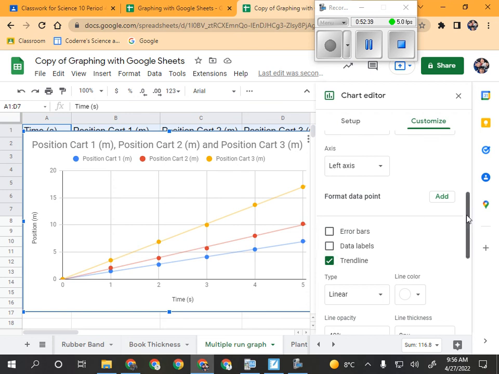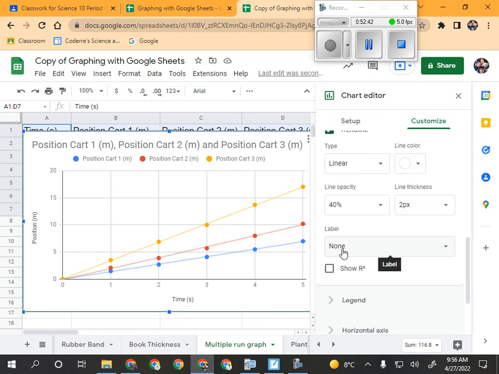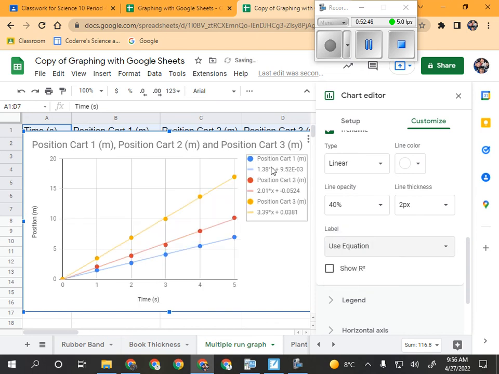Then I scroll down to label and get the equation, same as before. Now it makes a legend on the right that has position of cart 1, and gives you y equals mx plus b for cart 1, cart 2, and cart 3. So it doesn't really change what we do, except we have to add a y-axis title, and we get three different sets of data instead.